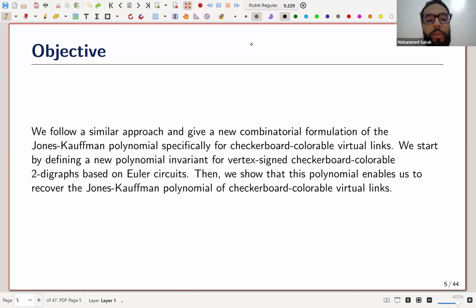In this talk, we will give a similar approach: we are going to define a new polynomial for checkerboard colorable virtual graphs, and then we will recover the Jones-Kauffman polynomial from that polynomial.